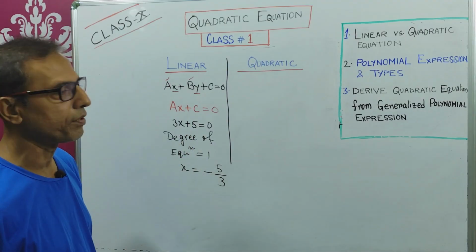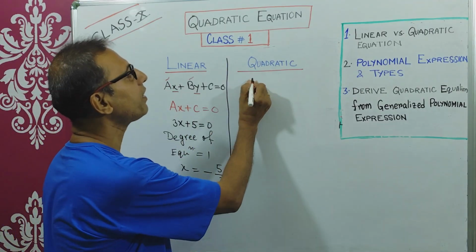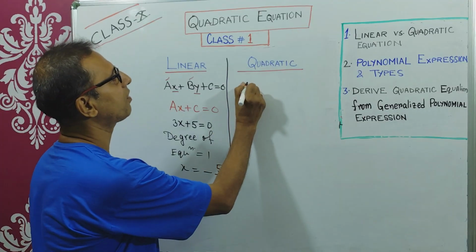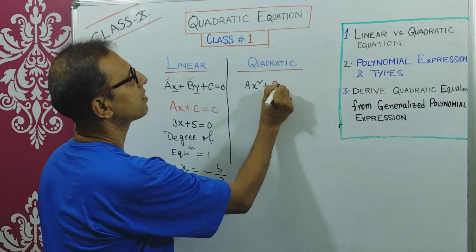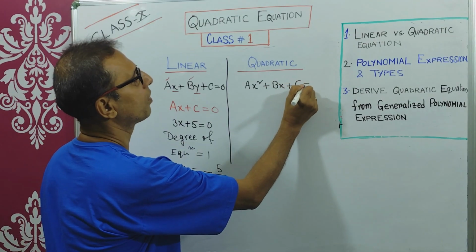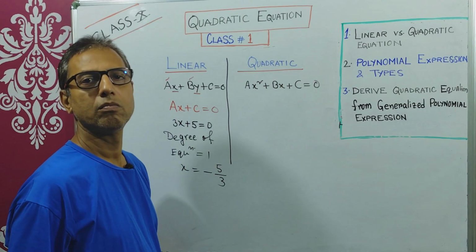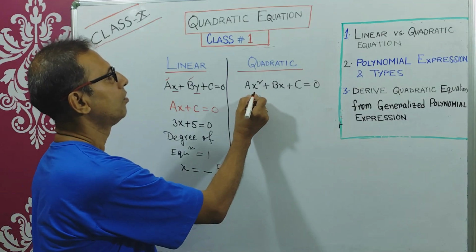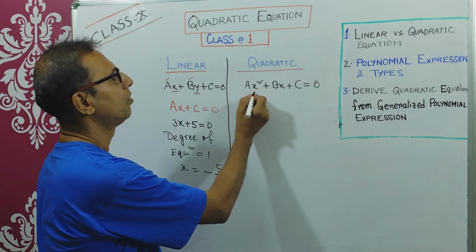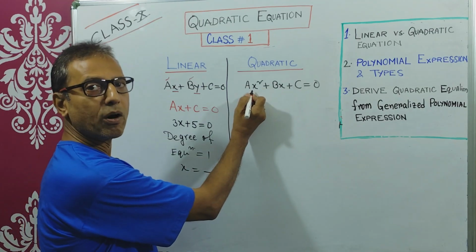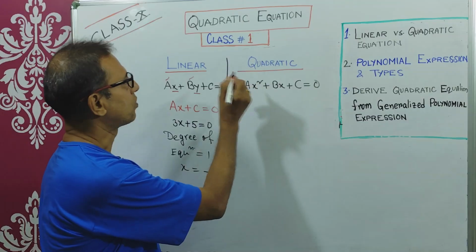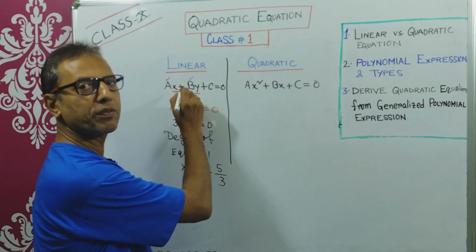Now the quadratic equation with 1 variable. The standard form is ax square plus bx plus c equals 0. For a quadratic equation, the maximum power of the variable is 2, whereas for a linear equation it is 1.